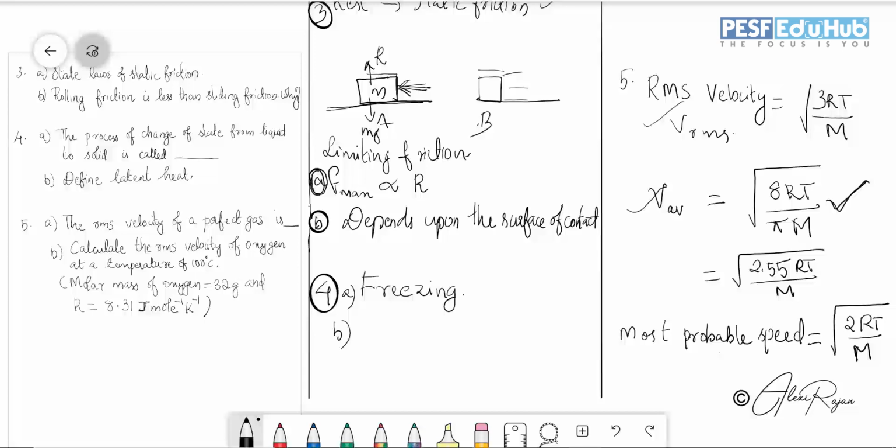So these are the three values that you need to keep in your mind: the RMS velocity, the average velocity, and the most probable speed of the gas.